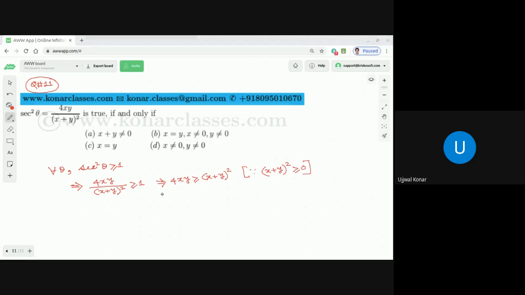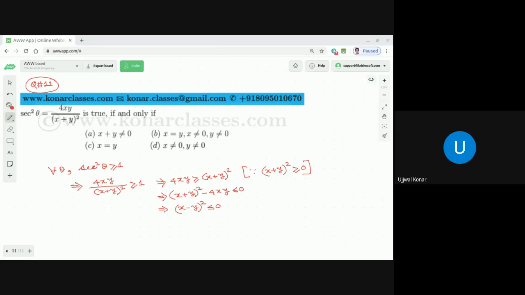So now from here what we can say is that x plus y whole square minus 4xy is less than equal to 0. This implies x minus y whole square is less than equal to 0.